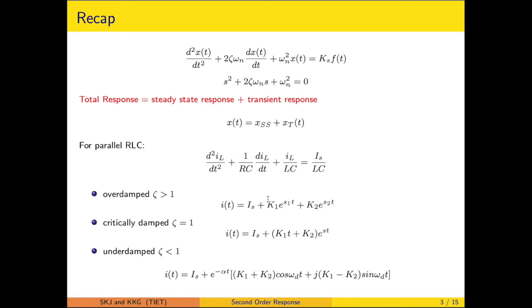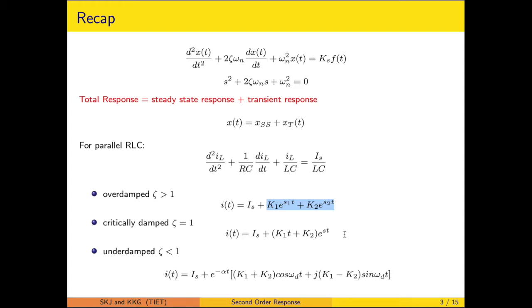So carefully we have to calculate K1, K2 and S1, S2, which are the roots. As we have seen previously, in case of overdamped, the response is exponentially decaying.